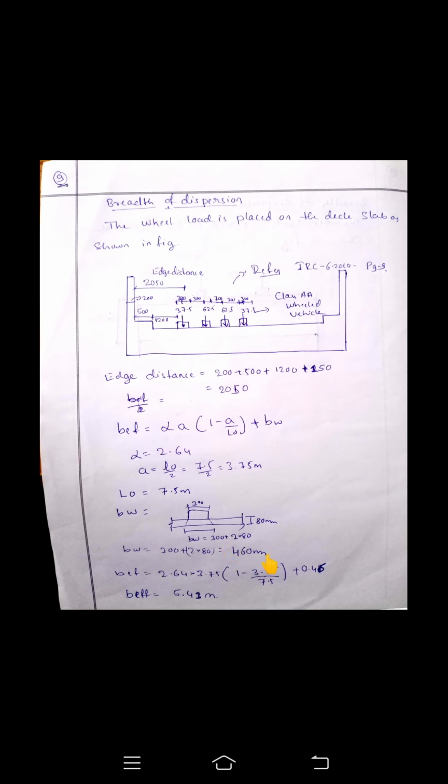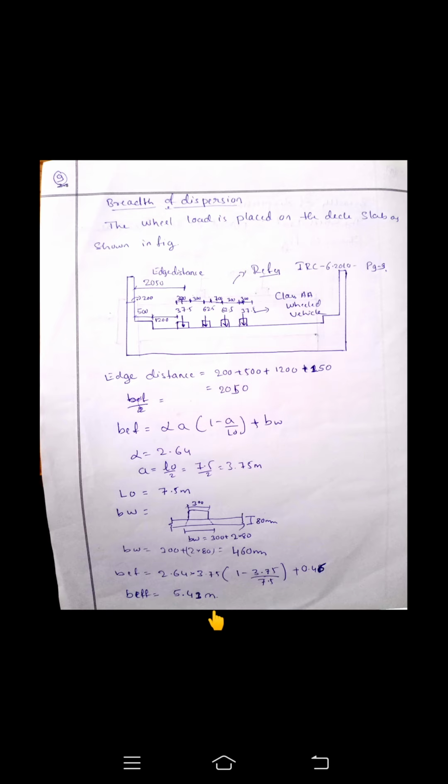So it is 300 plus 2 times 80, and the width of dispersion is 460 mm. Now we find the b effective: 2.64 into (3.75 times (1 minus 3.75 divided by 7.5)) plus 0.46. So our b effective is equal to 5.41 meters.